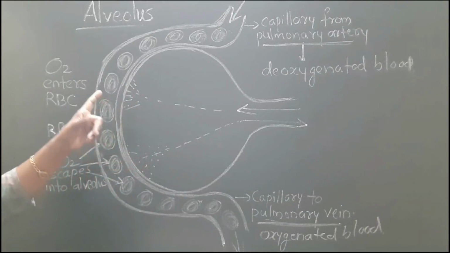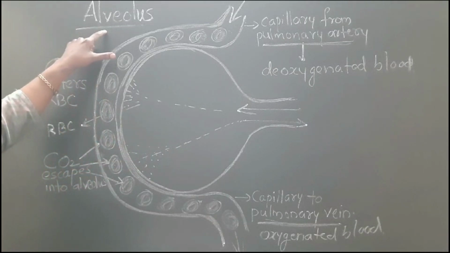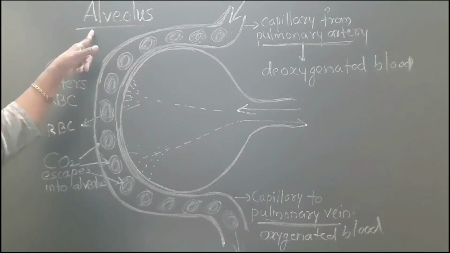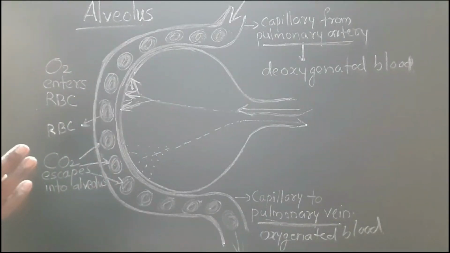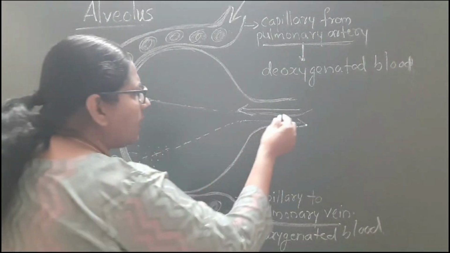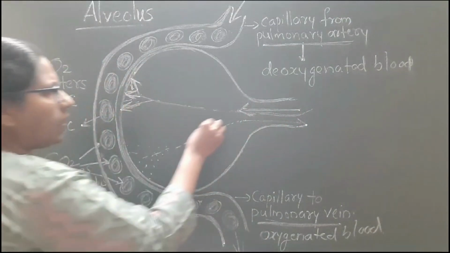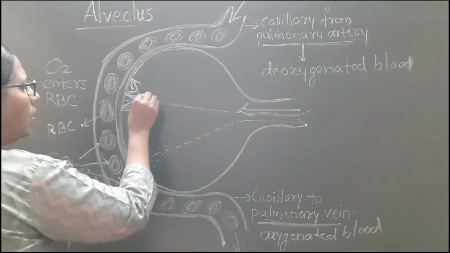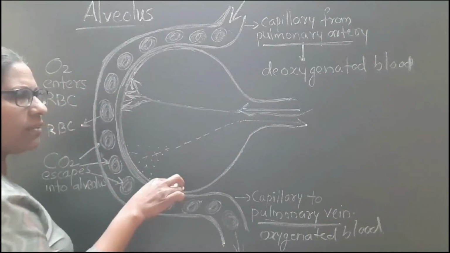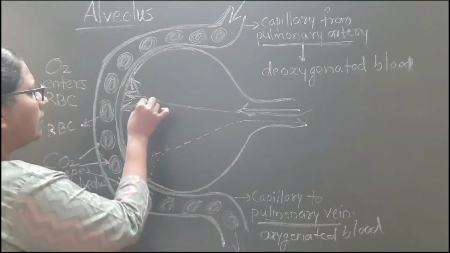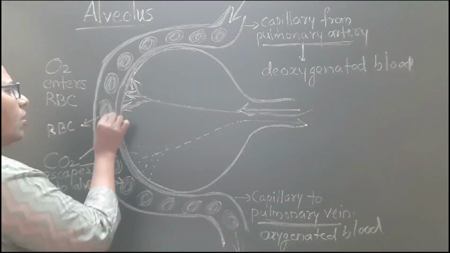There are many alveoli; the singular is alveolus. Once this oxygen enters the alveolus, it goes to the walls of the alveolus. The walls of the alveolus are very thin and elastic. We learned that. Through that it diffuses into the blood.